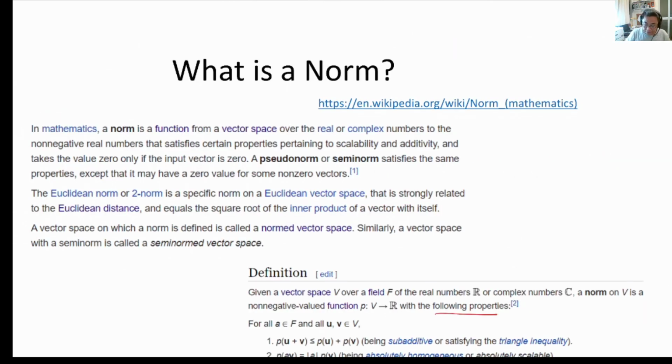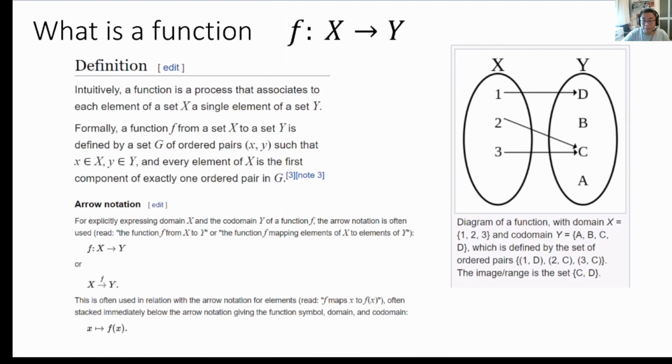Let us now revise what a function is. The typical definition of a function notation looks like this. f is a function such that it takes an element from X and changes it to an element of Y. Both X and Y are sets.